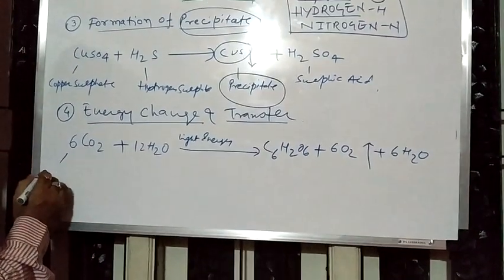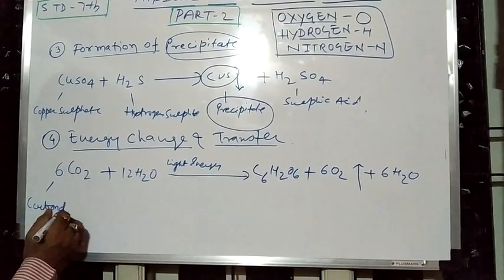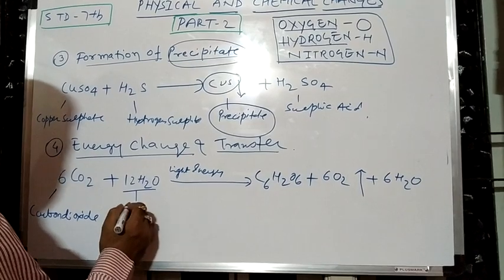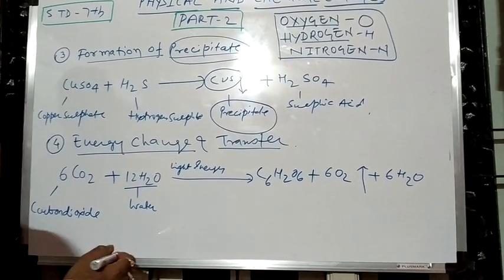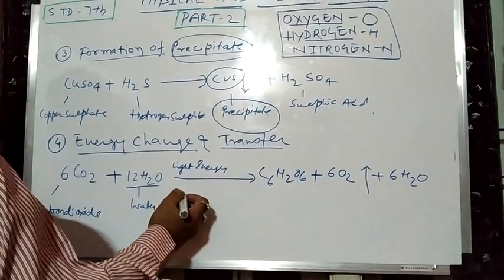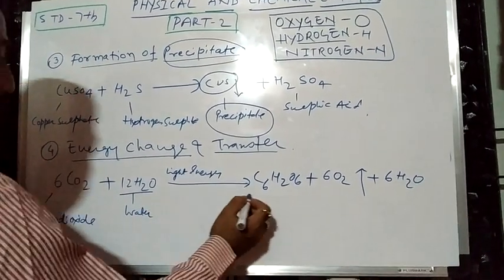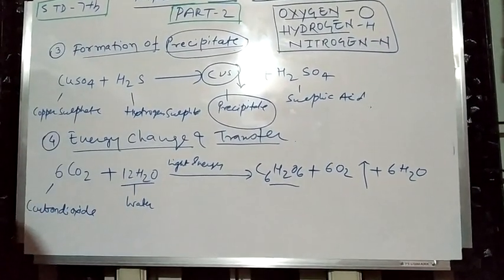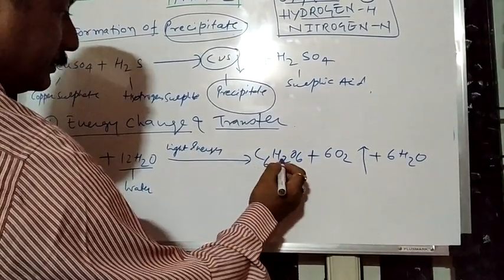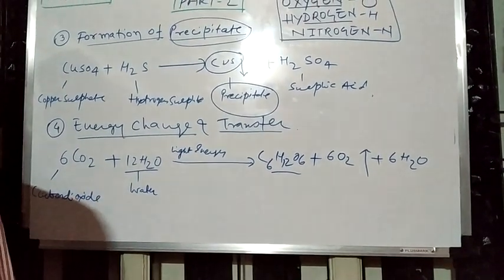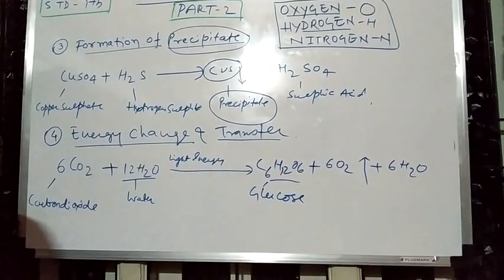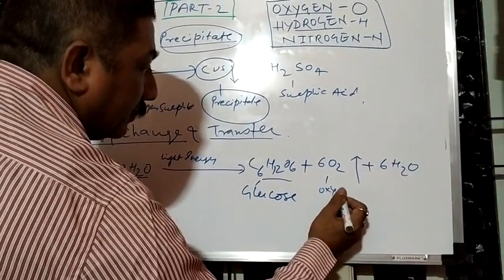This is carbon dioxide, and this one is again water. I already told you, and everyone knows this process as photosynthesis. So this is simple. This is glucose, C6H12O6. And again, this is oxygen.